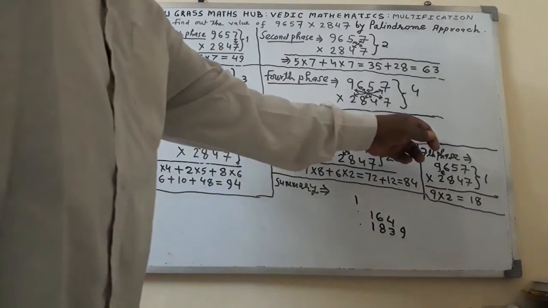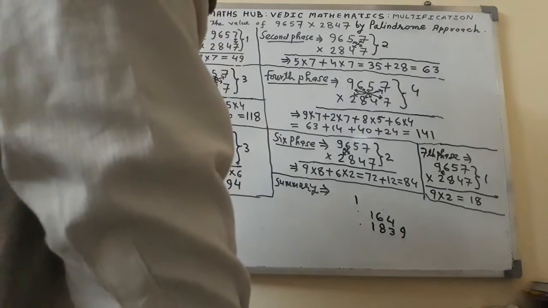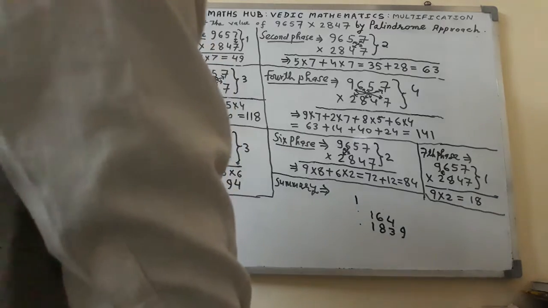For 141 you have got 1, 1, 1. Now what will do here?